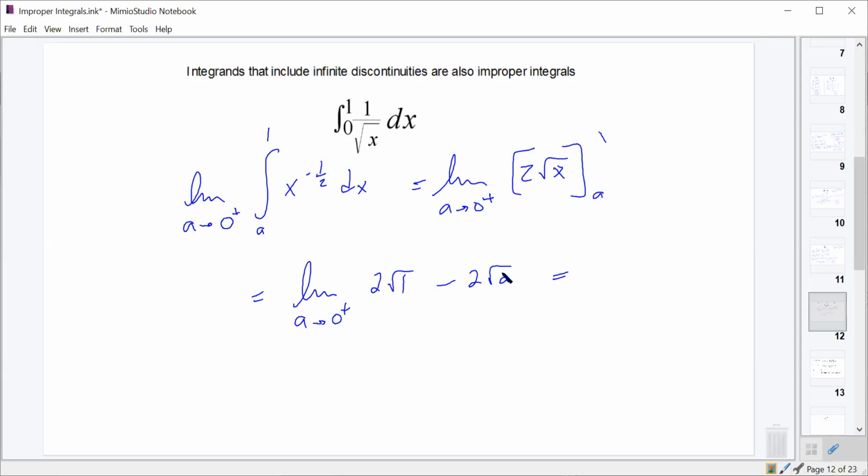As a approaches 0, the square root of 0, as you come from the right-hand side, is what? That should be 0, so this just becomes a final result of 2. Everybody good there?